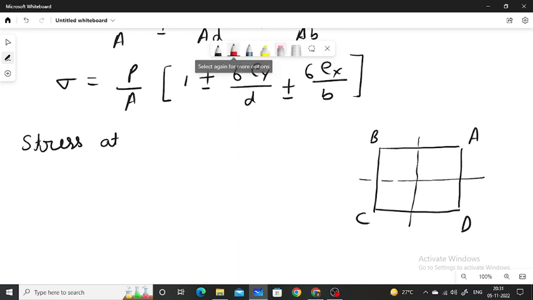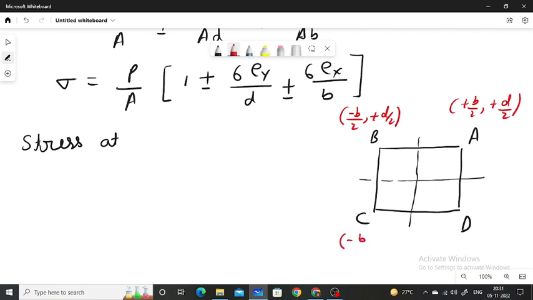Now the coordinates of the point A will be plus B by 2 comma plus D by 2. Coordinates of the point B will be minus B by 2 plus D by 2. Coordinate of the C point is minus B by 2 comma minus D by 2. Coordinates of the point D will be plus B by 2 comma minus D by 2.